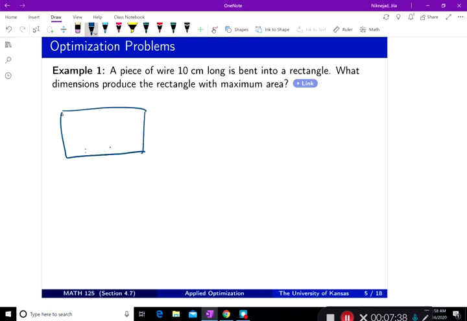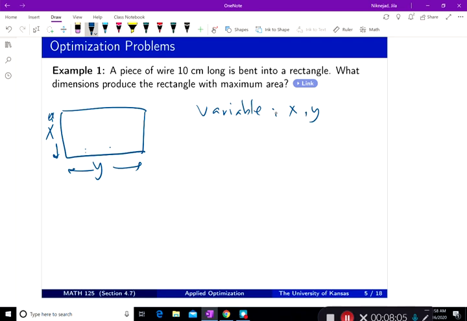Then what are the important parts of the rectangle that we want in this problem? X and Y are the two lengths of the two sides of the rectangle. So the variables that we're using, the fixed variables, are going to be X and Y. And they are changing, as you saw in the GeoGebra sheet.